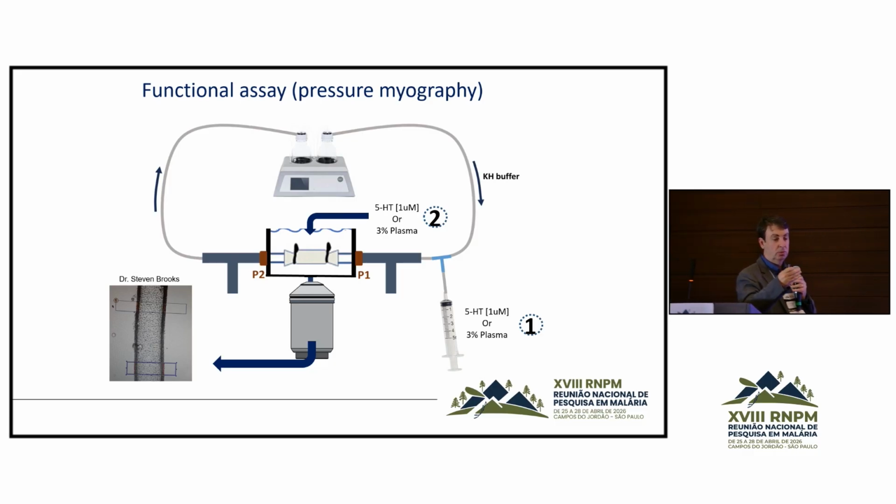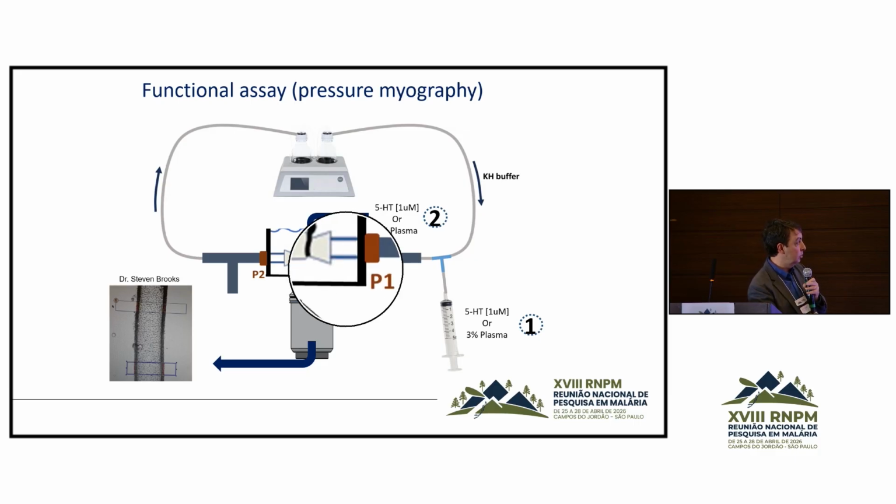So if it's coming from the platelets, how could it activate this smooth muscle? We try to see if, in fact, the stimulation of plasma, because the previous system was an open system. So the luminal and abluminal parts of the vessel are exposed to the plasma and the inhibitors.